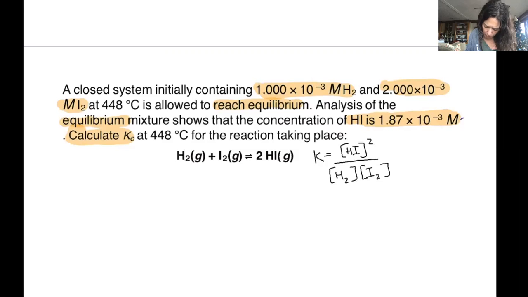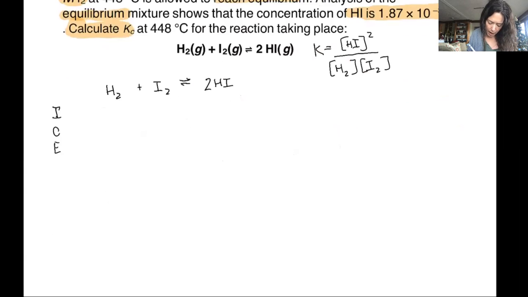All right. So I'm going to rewrite my equation, and I'm going to create my ICE chart. That's ICE. I stands for initial, C stands for change, and E stands for equilibrium. So it's going to organize what happens in this system from beginning to end.